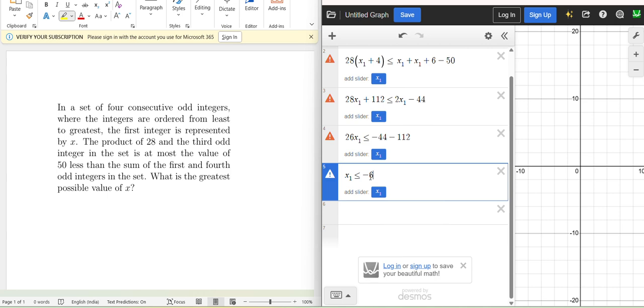Since the integers are odd, the greatest possible value is minus 7, because after minus 7 comes minus 6. So minus 7 is the answer, the greatest possible value of x, and this is the only answer in this question.